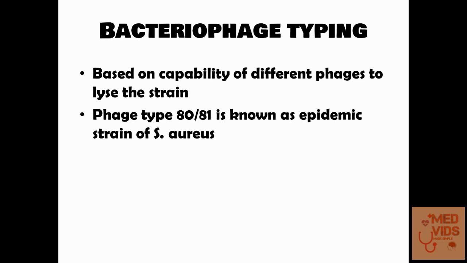Alright, this is how the naming is done. Bacteriophage typing and other methods of typing is usually done to subclassify the Staphylococcus aureus bacteria into subspecies. As I told you, bacteriophage typing is used for epidemiologic purposes.